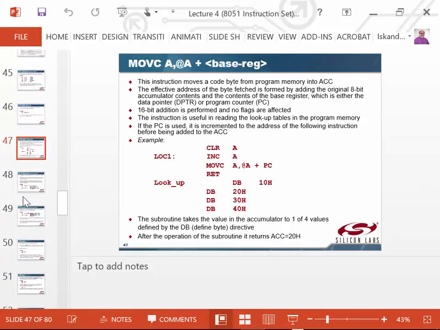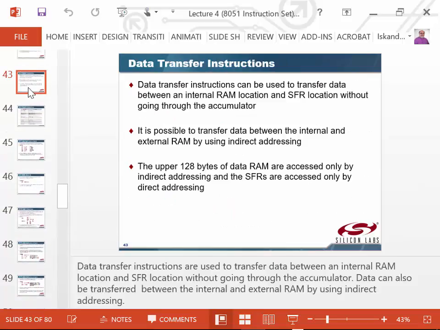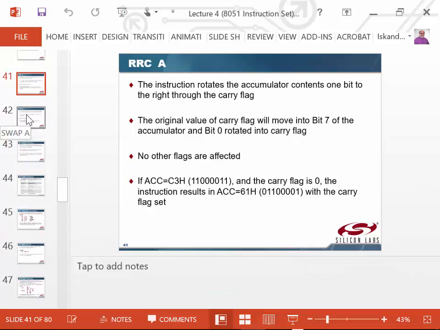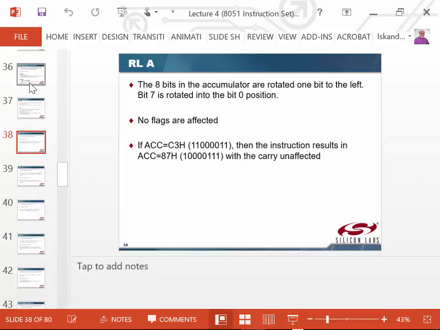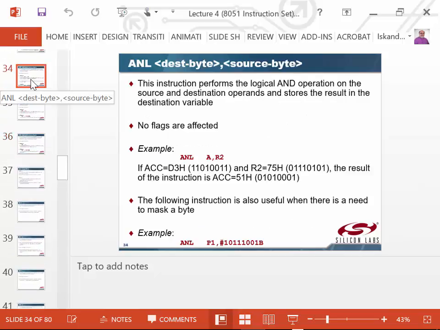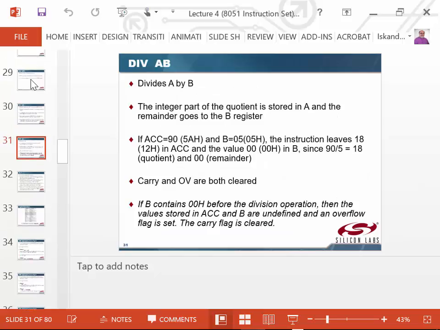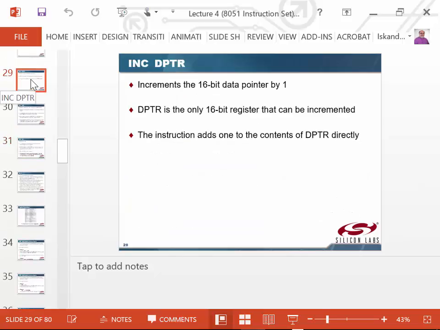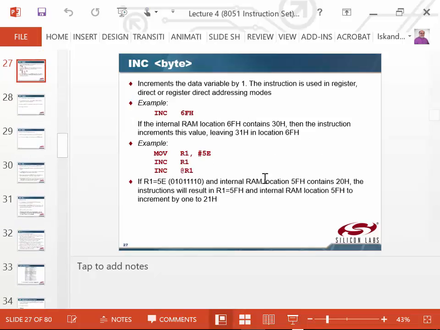The easiest way is as soon as I find the increment command, logical and decimal. Divide, increment. Increment data pointer, decrement byte, increment byte. Okay.